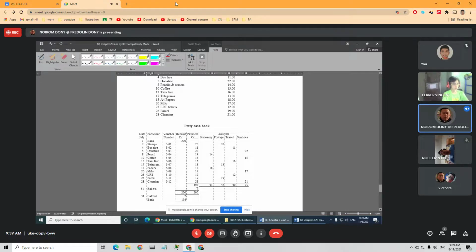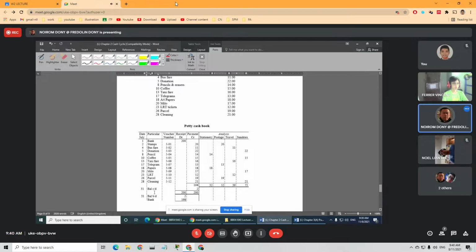This is 2 ringgit here, 198 plus 2 becomes 200. We need to write down the particular as balance. This BAL represents balance.